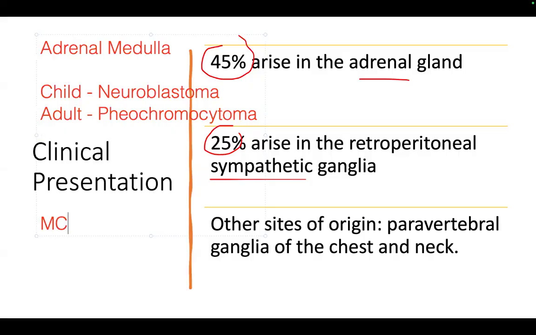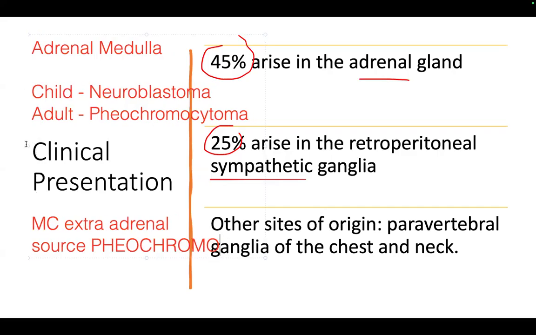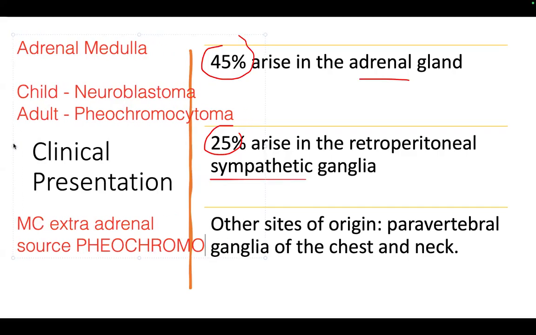Now, what is the most common extra-adrenal source of a pheochromocytoma? What do we call these cells or ganglia? The most common extra-adrenal source of pheochromocytoma, we call this the organs of Zuckerkandl.